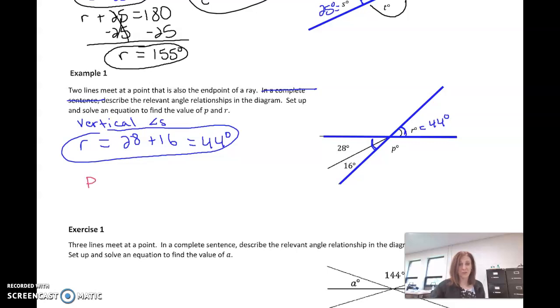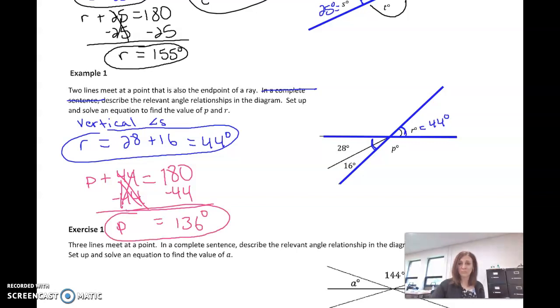So P plus 44 is going to equal 180 degrees because this angle plus this angle together form a straight line. A straight line is 180 degrees. Two angles that add to 180 are supplementary. So that's why we say straight angle, straight line, and supplementary go together. Then it's just solving a simple equation. If you need help with that, let me know. It cancels out, and grab a calculator, 180 minus 44, and we get 136 degrees.